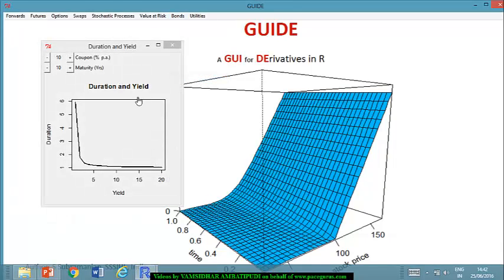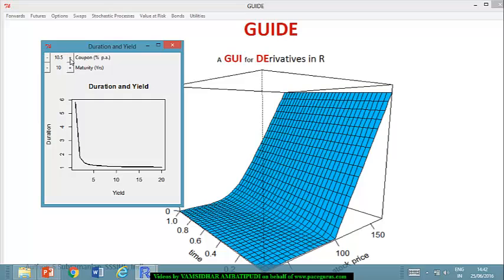Duration versus the yield: as the interest rates, which is the discount rate, are increasing. If the coupon is lesser, the duration is more.